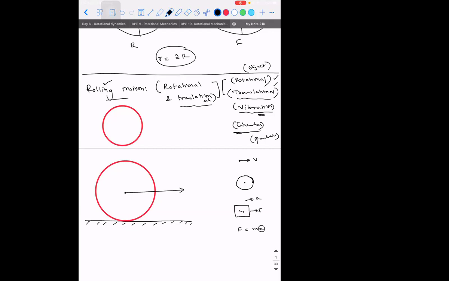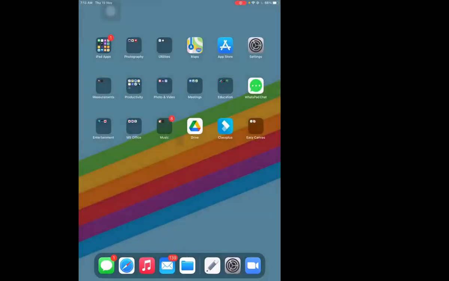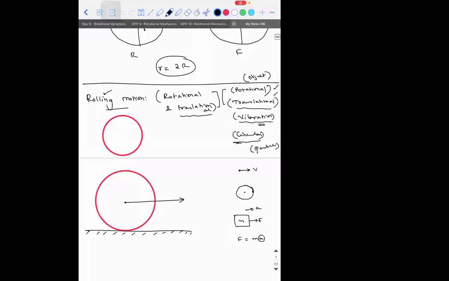What does this acceleration actually mean? That is the acceleration of which point? The center of mass.